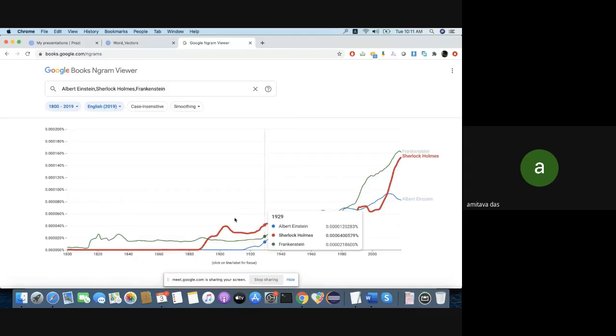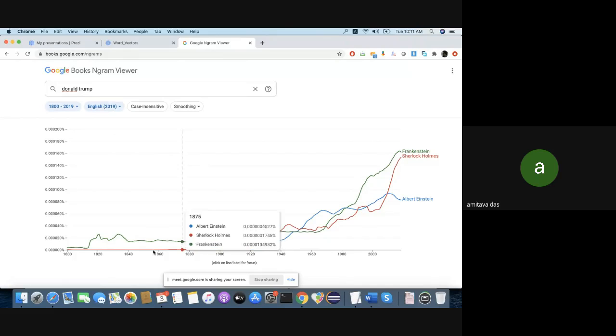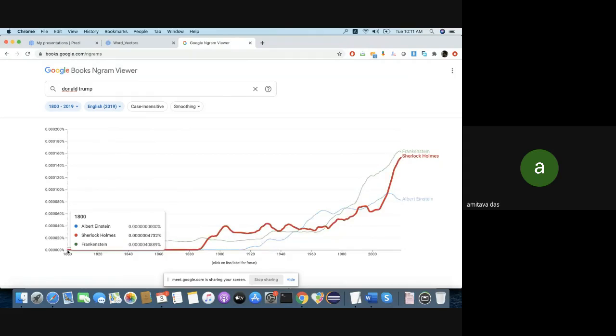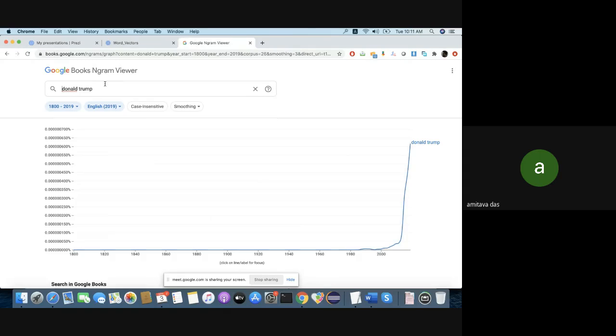Google crawled all the corpus available in the world, right? Let me show you. I'm trying to understand how many times Donald and Trump co-occurred together, and this is the year. Let's see, Donald Trump. See, Donald Trump occurred here.